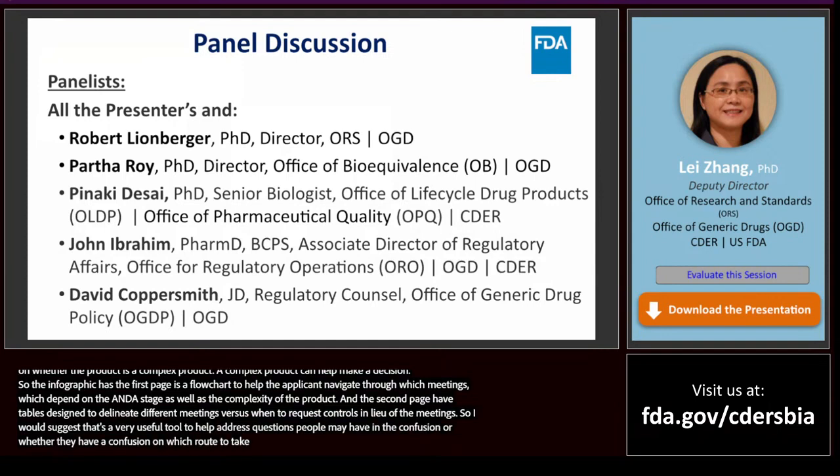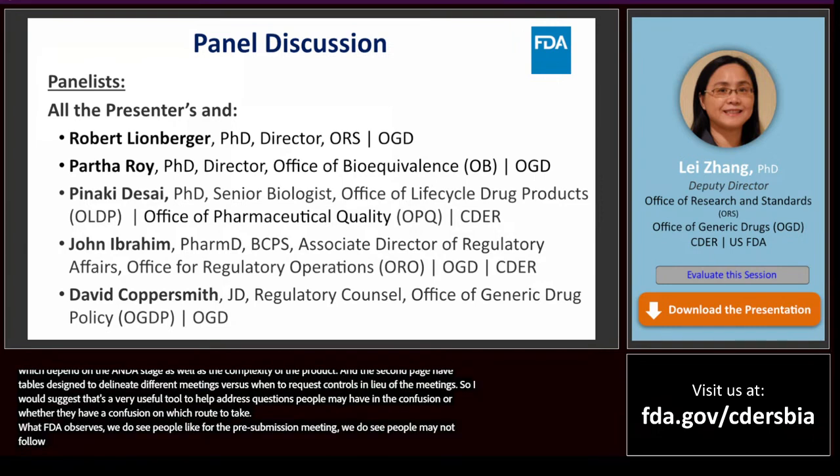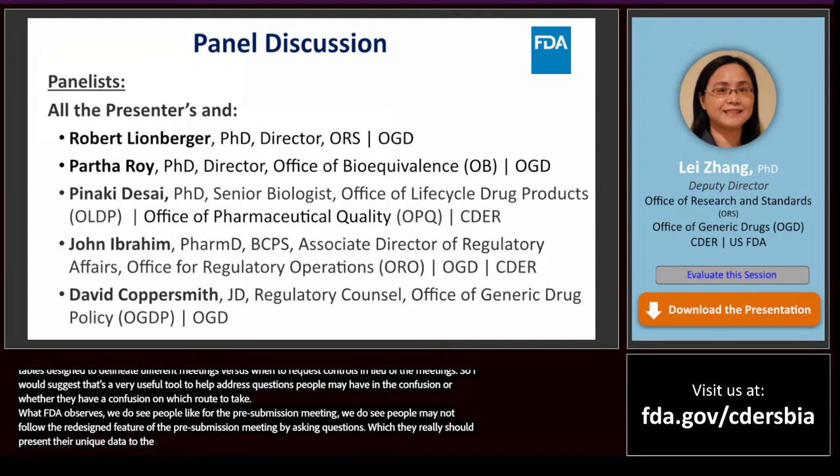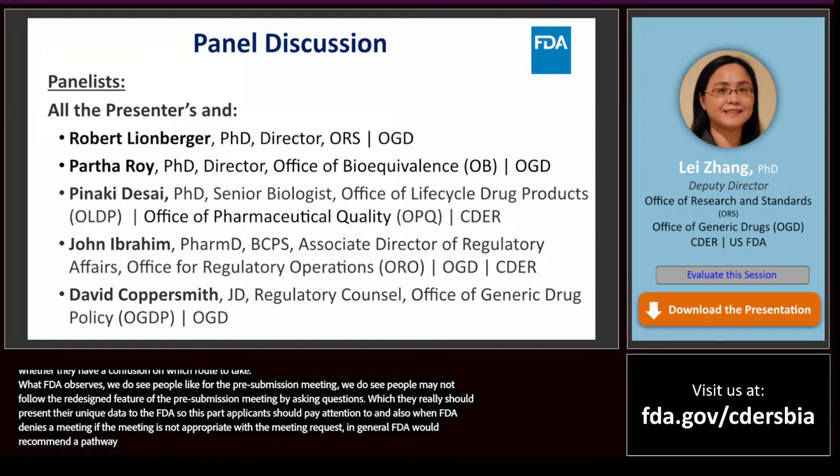What the FDA observed, for the pre-submission meeting, is that people may not follow the redesigned feature of the pre-submission meeting by asking questions, when they really should present their unique data to the FDA. So applicants should pay attention to this. And also when FDA denies a meeting, if the meeting is not appropriate for their meeting request, in general, FDA would recommend a way forward to the applicant, either get a better meeting package or maybe go to controls as another pathway.